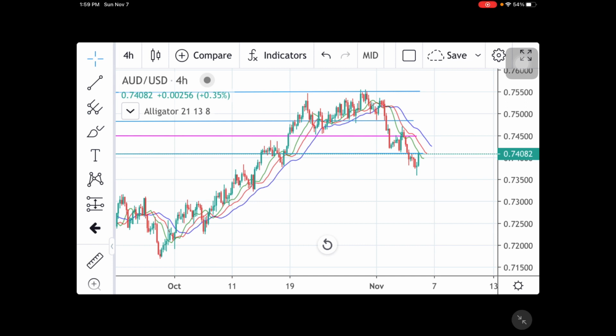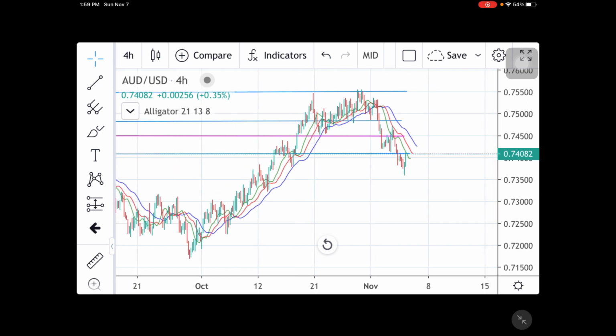And you clearly see if you take a look at the dollar chart that the dollar has been on an upward trend. So anything that goes against the dollar should be on a downward trend right now, and the dollar is currently looking strong going into the future, especially with the news that's coming out for the dollar.